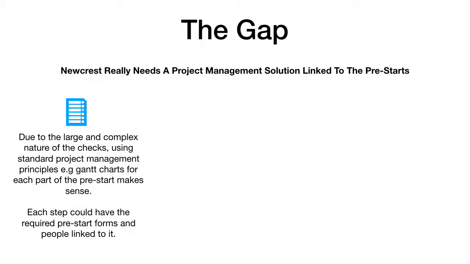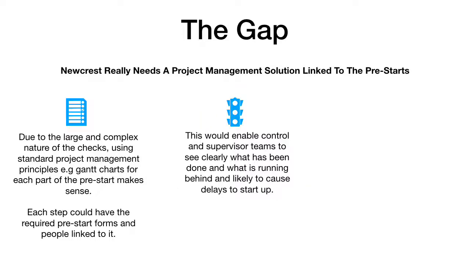Really, using a standard project management tool like Gantt charts would be the way to approach it. So you could set up the steps and the dependencies and all of that sort of stuff, and then link the people and the pre-starts to them, which then could be completed with 4P Mobile. This is going to enable your control and supervisor teams to clearly see what's been done and what's running behind, and what's going to cause delays.